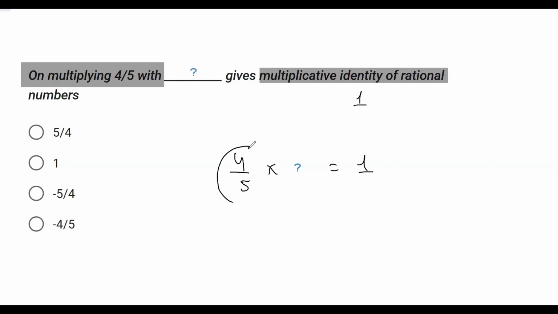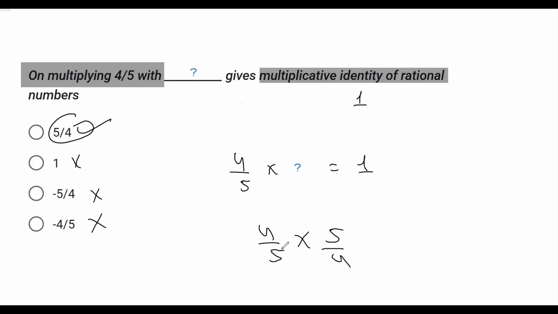What we know is that when a number is multiplied with its reciprocal, we get 1. So we need to look for the one which is the reciprocal of this. Definitely these are not its reciprocal, and 5 by 4 is. You may justify it by multiplying this with 5 by 4. You can see that they get cancelled to give you 1.